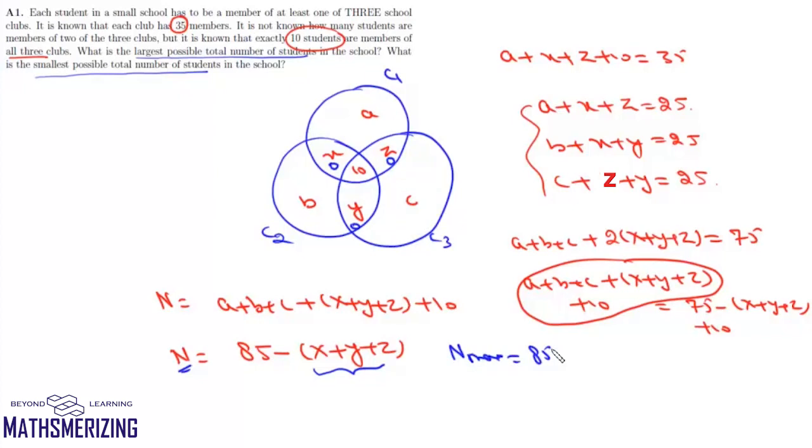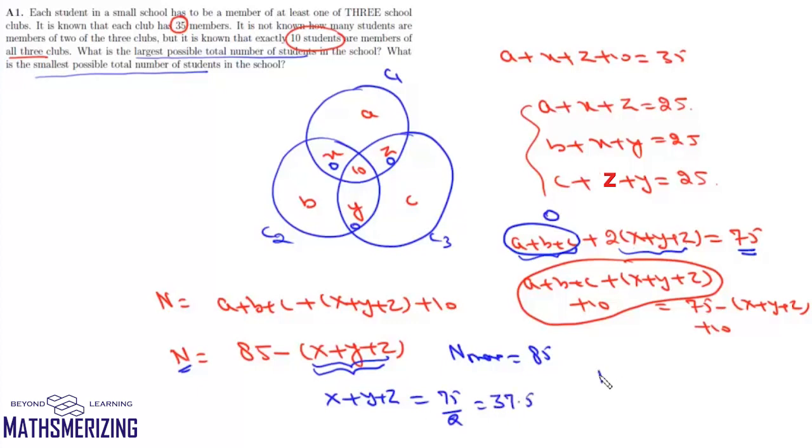Now we also need to find the smallest possible number of students. For the smallest number of students, we need the maximum value of X plus Y plus Z. It is given that A plus B plus C plus 2X plus 2Y plus 2Z is equal to 75. The sum X plus Y plus Z will be maximum when A plus B plus C is 0. Then the maximum possible value of X plus Y plus Z is 75 by 2, which is 37.5.